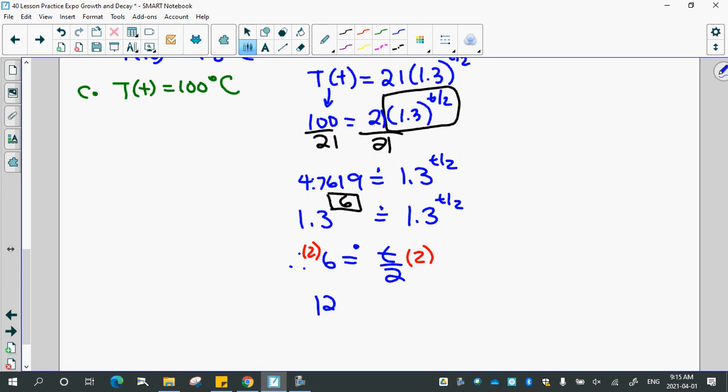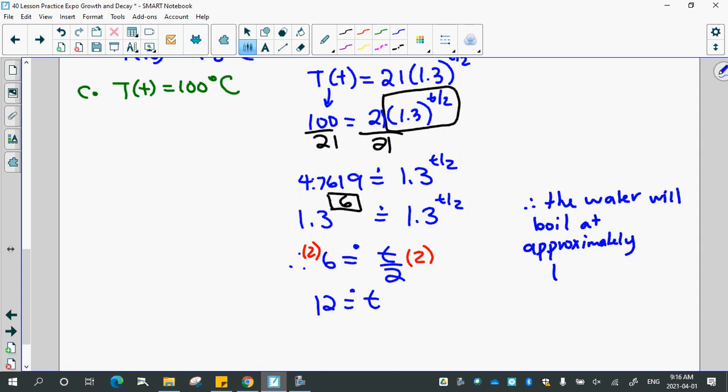So 12 is approximately T. And then we have to make a sentence. So therefore, the water will boil at approximately 12 minutes.